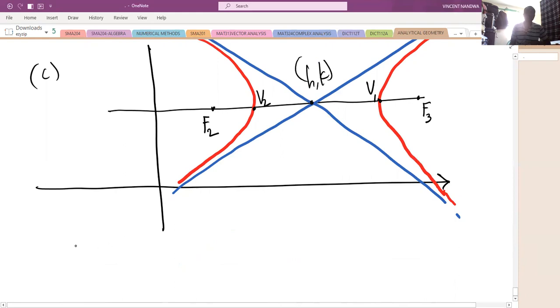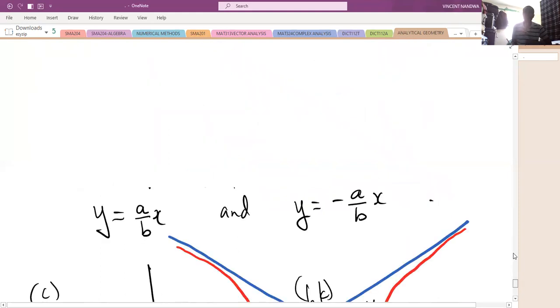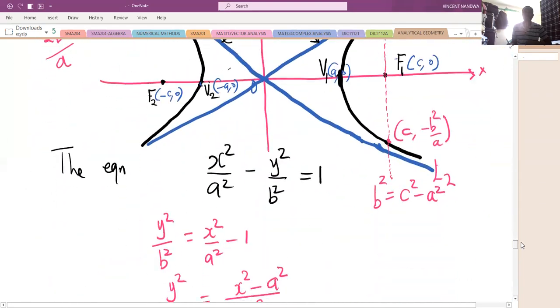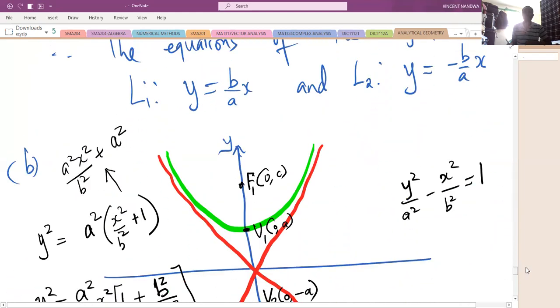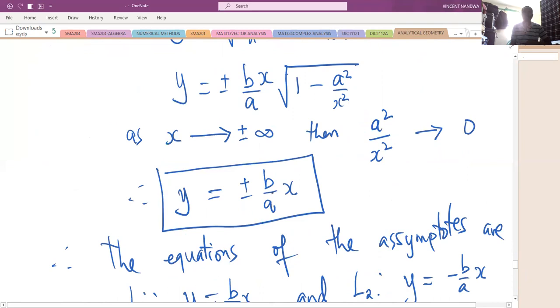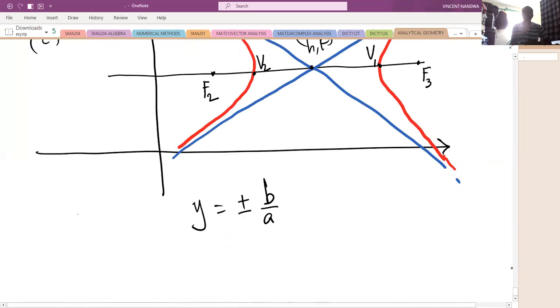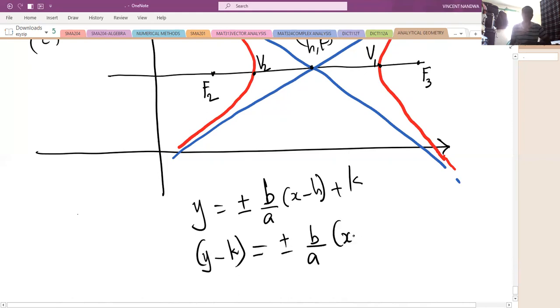So asymptotes are given by Y equals plus or minus B over A. You remember that in the first case, the asymptotes were Y equals plus or minus B over A X. So the same structure, B over A, but then X minus H units, and then plus K. Or you can write the same thing as saying Y minus K equals plus or minus B over A, X minus H.